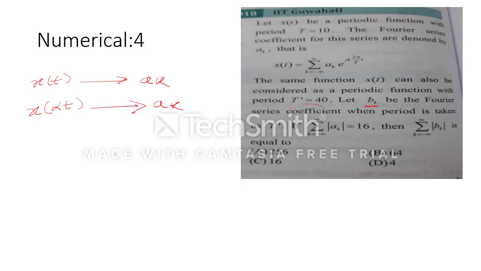So here they are changing the time period from T equal to 10 to T equal to 40, but the value should not change according to the property. So the answer will be 16 only, C option. We need not check it again, because this numerical is based on this property only, so we can directly mark the C option.